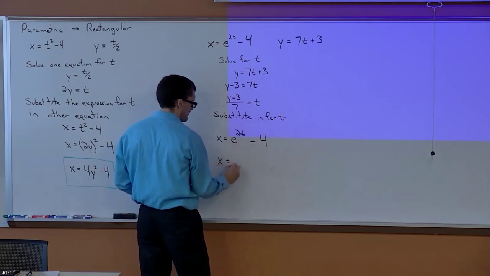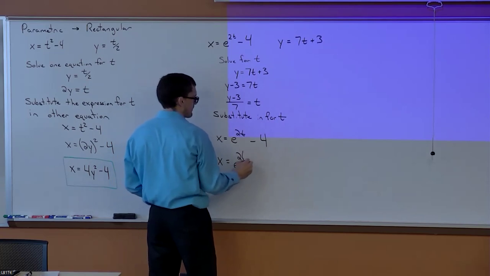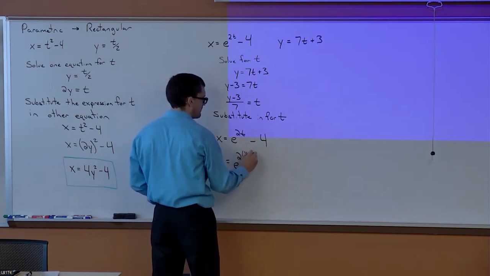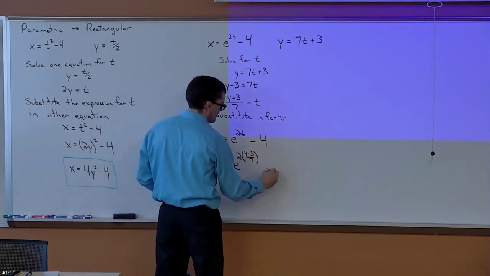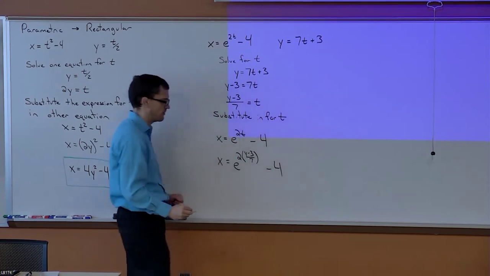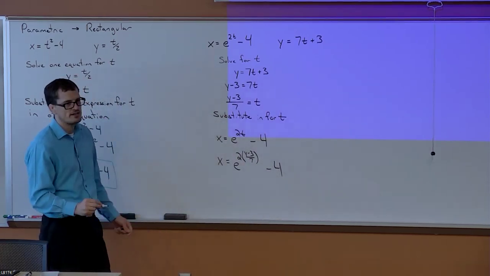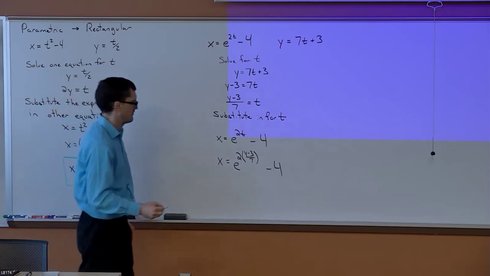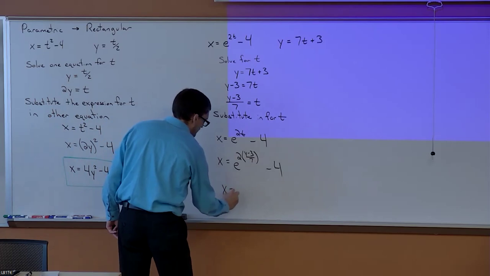X equals e to the 2 times y minus 3 over 7, and then the whole thing minus 4. If you want to distribute your 2 in, that's fine. If not, it's not that big of a deal. I'm going to.